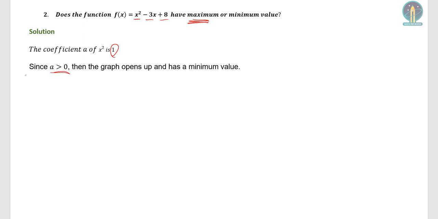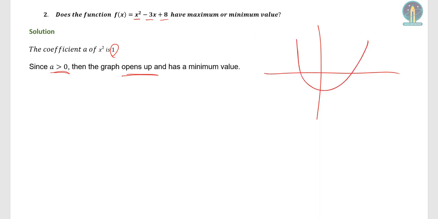Since a is greater than 0, the graph opens up and it has a minimum value. If the graph opens up, then the vertex is all the way down, so the vertex is a minimum. If the graph opens down, then the vertex is all the way up, and it happens to be the maximum for the curve.